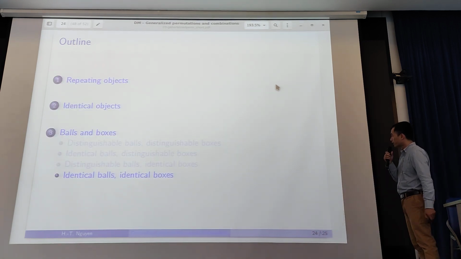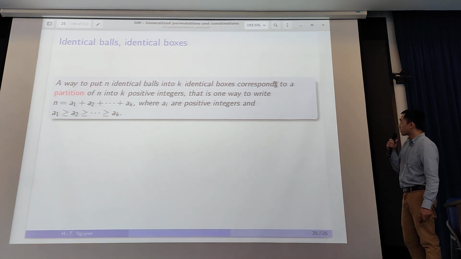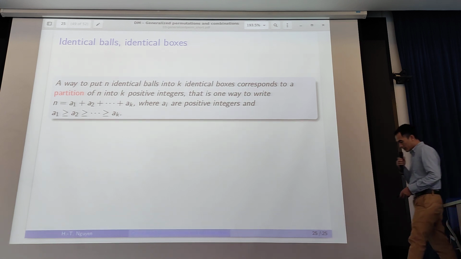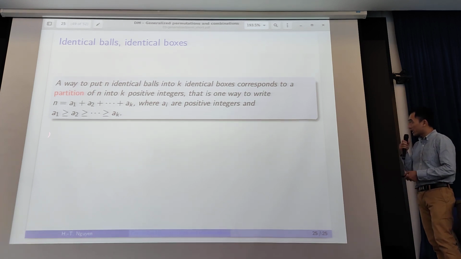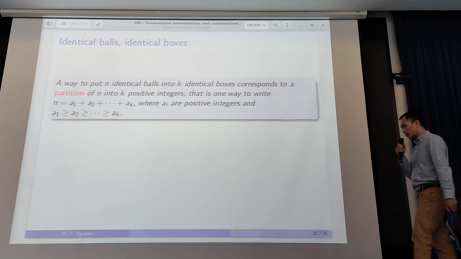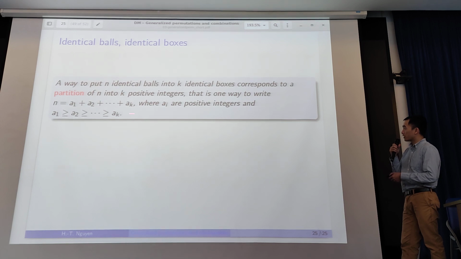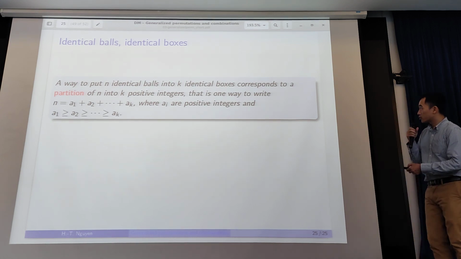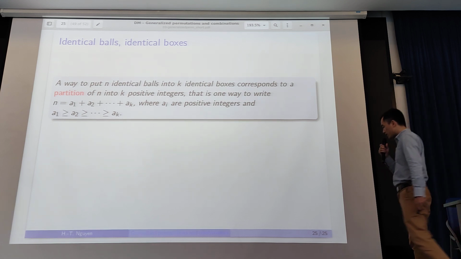For identical balls and identical boxes, we talked about integer partitions. An integer partition of a number n is a way to write n as the sum of smaller positive integers. To ensure that each way of writing n as such a sum is unique, we arrange the terms in decreasing order.